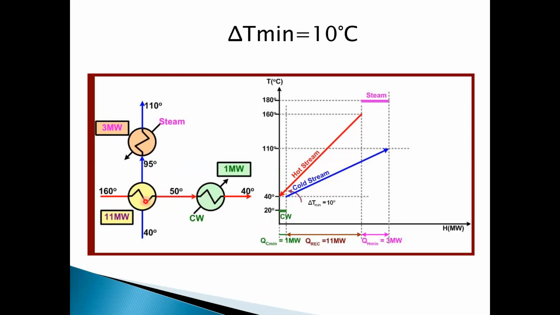For the process to process, I need 11 megawatts as a duty for this heat exchanger, where I just use the heating and cooling from the process to process heat exchange. This heat exchanger I only need 3 megawatts for the heating, and here for the cooling I need only 1 megawatt. Yet I added one heat exchanger, but how do you observe also?